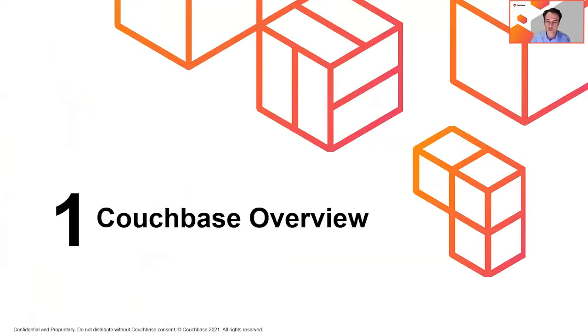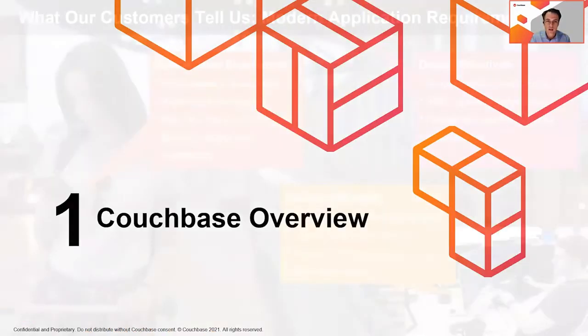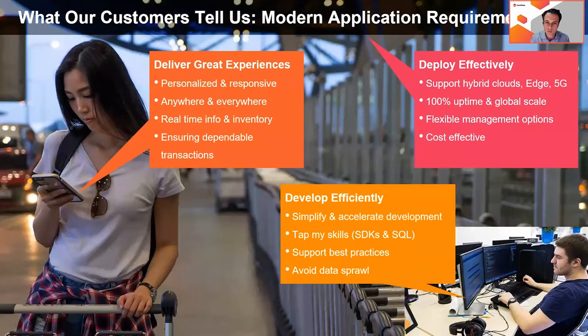So let's begin with Couchbase overview. When we talk to our customers about their challenges and what they're doing in terms of application development, there's a few common themes that we hear over and over again, and it really revolves around three areas. One is the desire to build great experiences for their customers to enhance their companies, enhance their applications, and enhance their business, right?